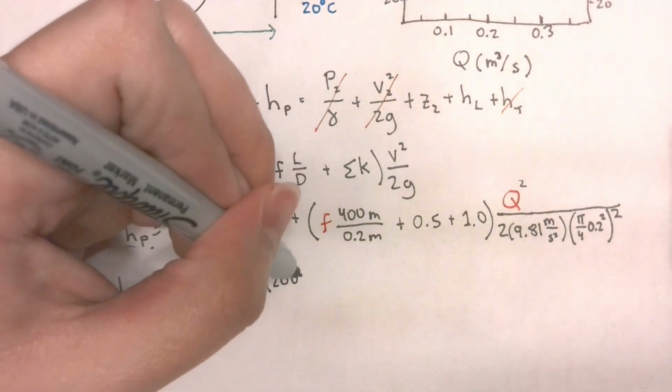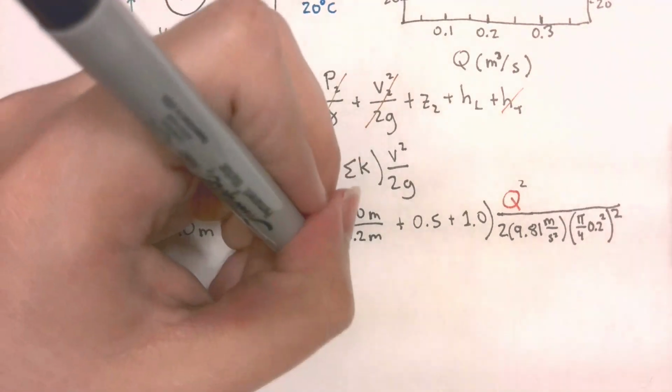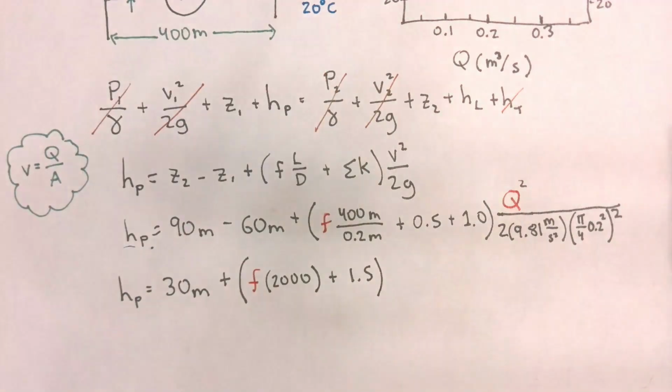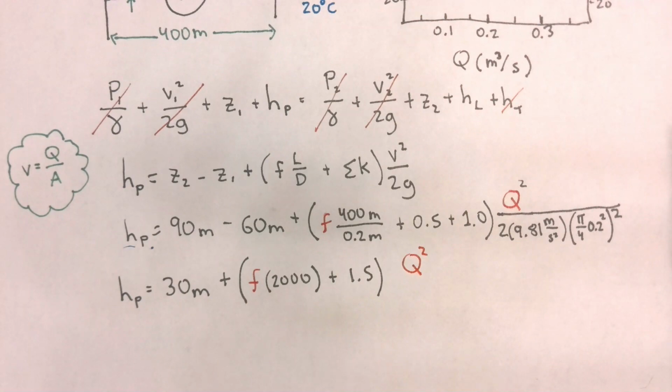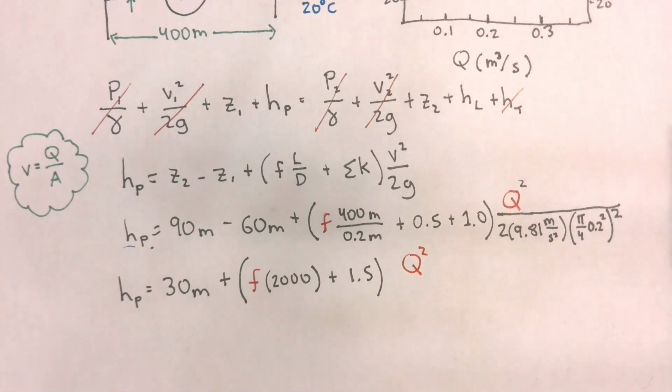It is 2,000, yeah. Plus 1.5. Right? 0.5 plus 1 is 1.5. And then I have my unknown flow rate here. And I'll have 2 times 9.81 times pi over 4 times 0.2 squared, all that squared.